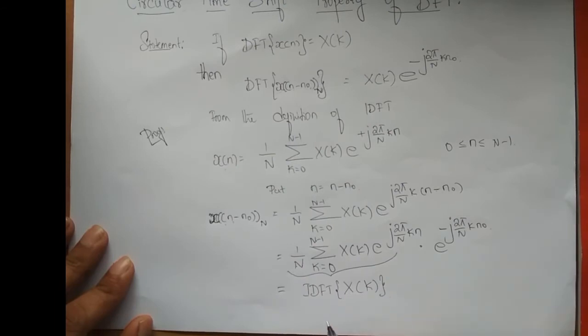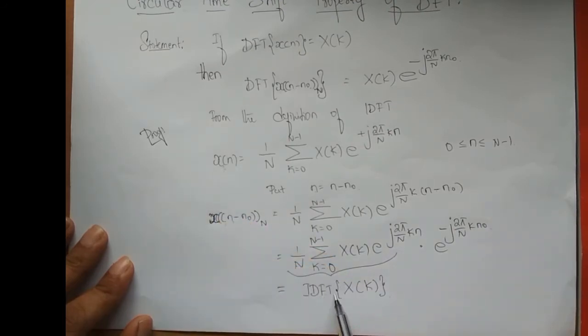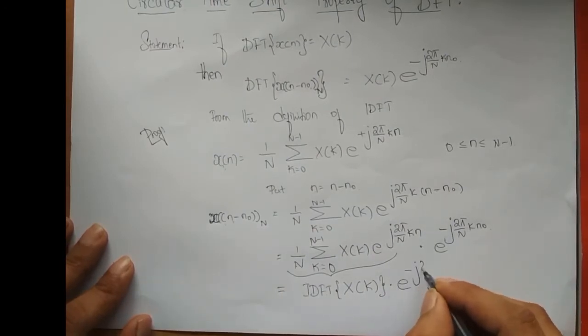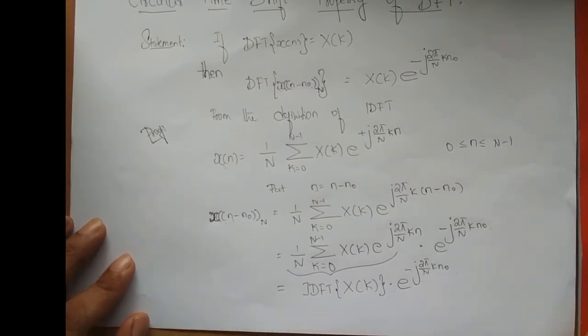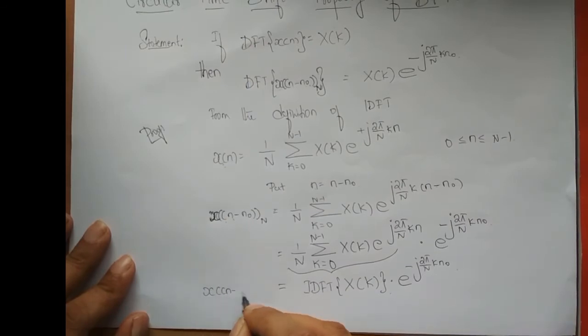What is the left out term? e power minus j 2 pi by N into k into n naught. So the left hand side is x of n minus n naught mod N.